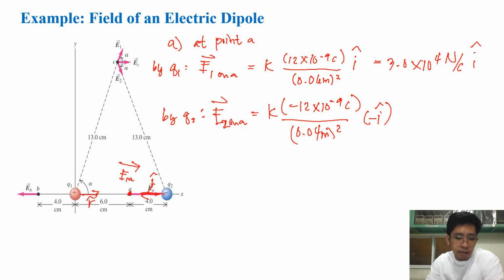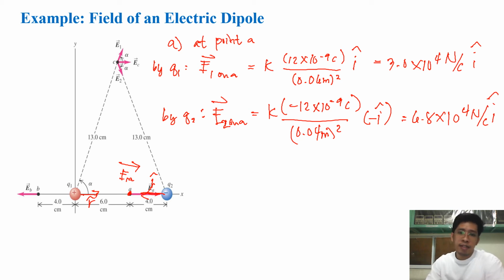And solving it using your calculators, you get a positive answer. So you have 6.8 times 10 to the 4 Newton per coulomb I hat. It's positive because you have your negative 12 times 10 to the negative 9 coulombs times negative I hat.